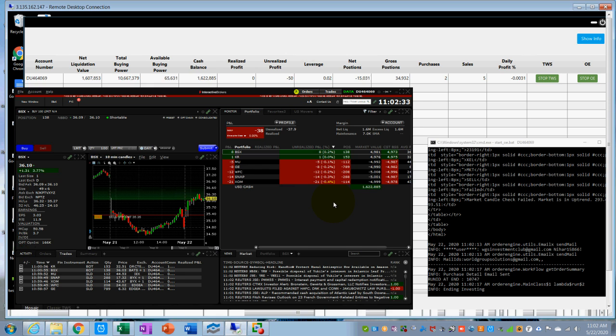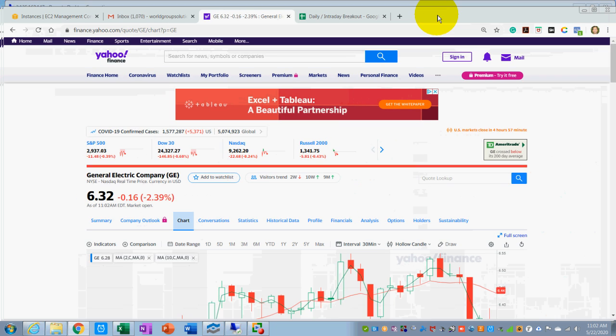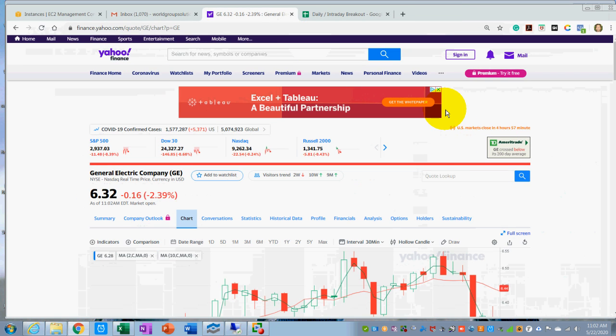In our algorithm, we are saying don't go strictly with the market, it is going strictly with the stock. So if you look at BSX, it's not looking into the market.